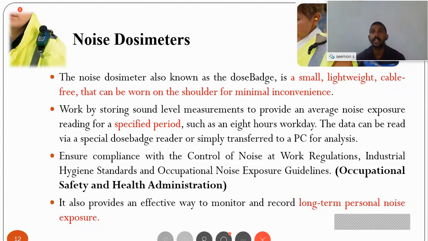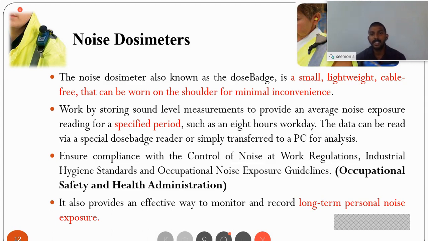As per OSHA, the standard value is 90 decibel for an exposure of 8 hours. If a man is working in an environment with 90 decibel noise, and it is showing the reading as 90 decibel, he should not work for 8 hours. That means the working time has to be reduced.